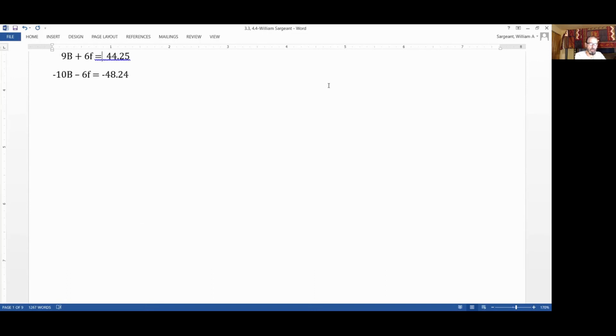So adding along the columns there, we're going to get the F terms to cancel out. We'll be left with negative 1B, and 44.25, when we subtract 48.24 from that, it's the same as adding a negative 48.24.